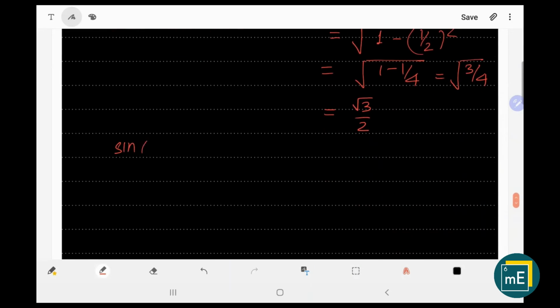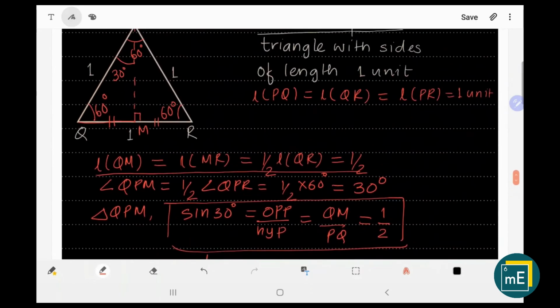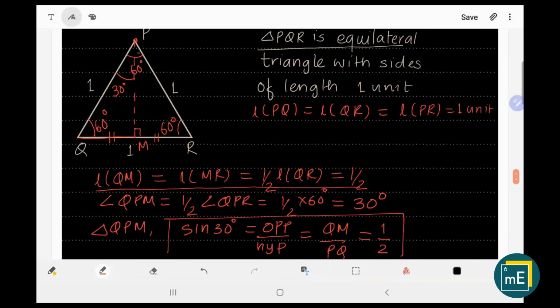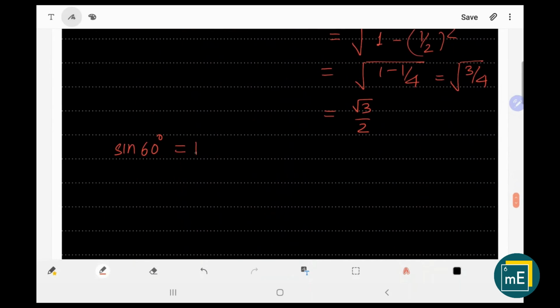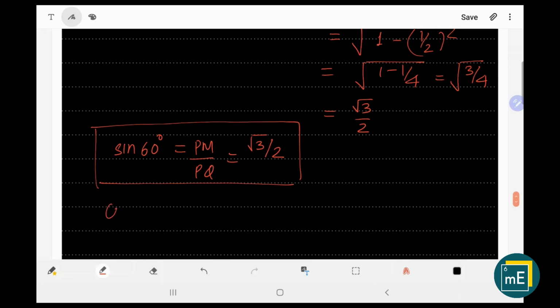We can define sine 60 degrees also. So sine 60 will be the opposite side, which is nothing but PM, upon the hypotenuse, which is PQ. So we can say sine 60 is equal to PM upon PQ. We know that PM is root 3 by 2 and PQ is equal to 1. So sine 60 becomes root 3 by 2.